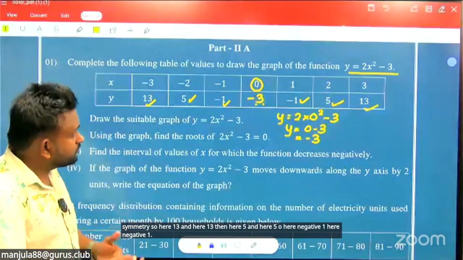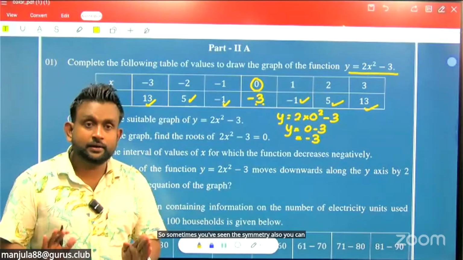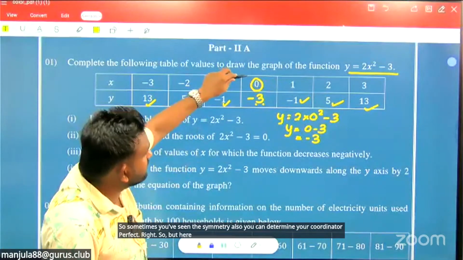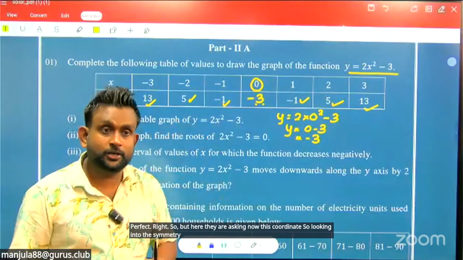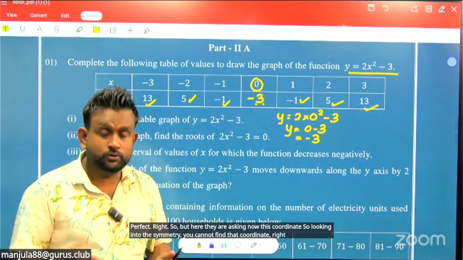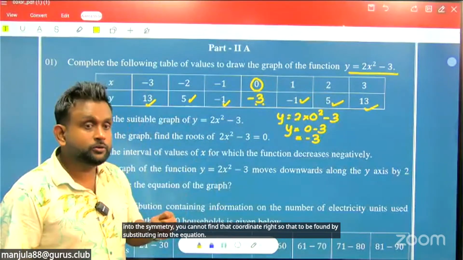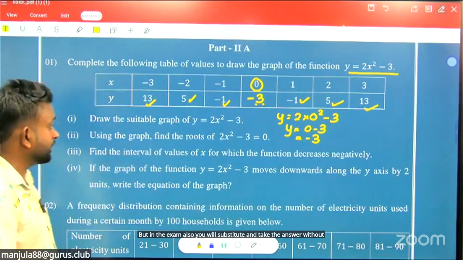So sometimes using the symmetry also you can check that your coordinates are perfect, right? But here they are asking for this coordinate. Looking at the symmetry, you cannot find that coordinate, so that has to be found by substituting into the equation. In the exam also you will substitute and take the answer, right?